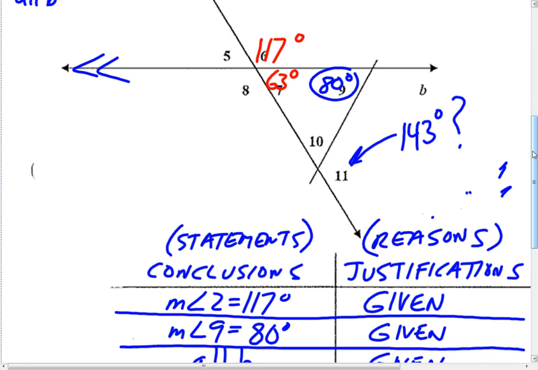Yes. What would I do? Subtract 63 from 180. Subtract 63 and 80, or add those two together, subtract from 180. You'd be doing something like this. And what does that equal? 37. 37. So put 37 here.